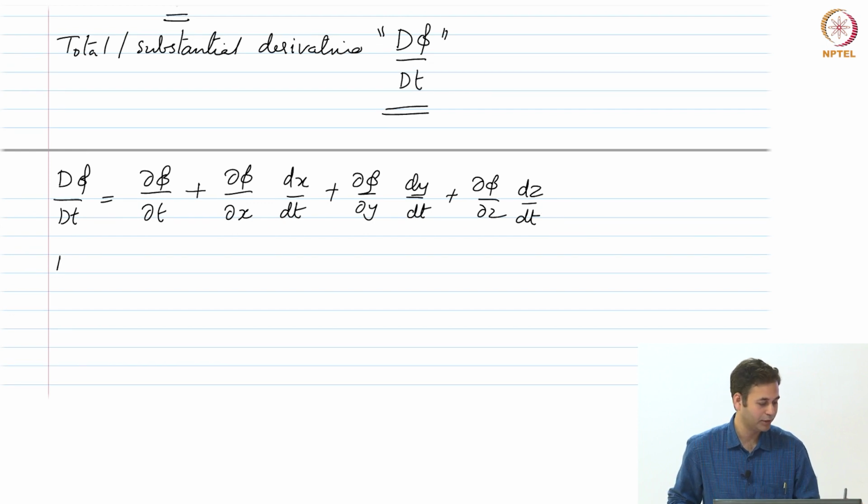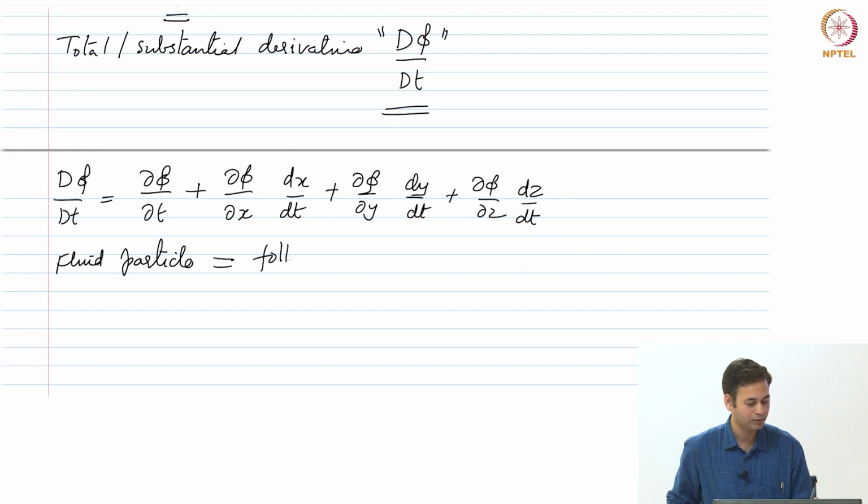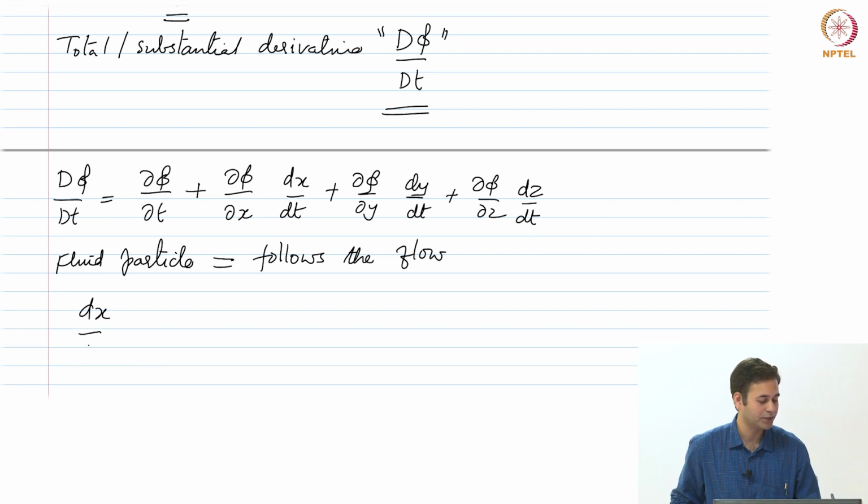Now we know that this fluid particle follows the flow. So what would be the instantaneous derivatives of the position vector that we have here? What will be dx/dt for this fluid particle? That will be the x component of velocity of the flow, so this will be u.